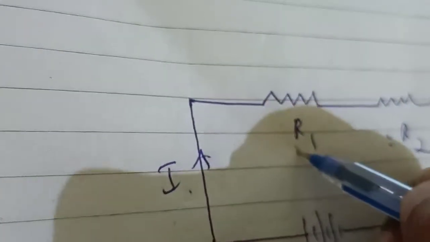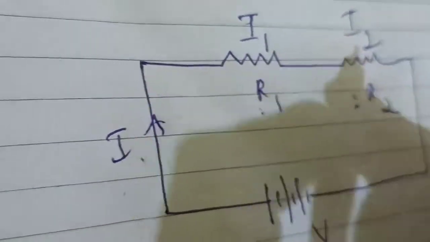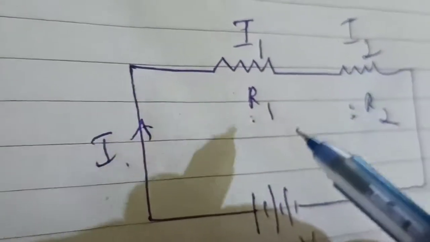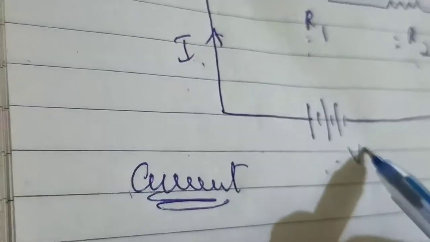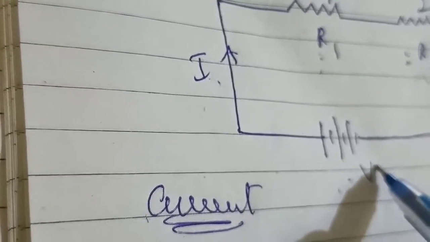Now the current through resistor R1 let's call I1, and through R2 let's call I2, and the total current is I and the voltage is V. So let's see about I1 and I2.